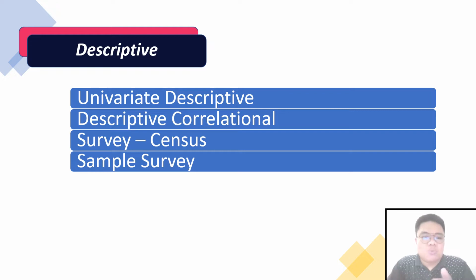But if I would want to know the relationship between the socioeconomic status and the intent to have consultations among the residents in a certain barangay in Iloilo, that would be descriptive correlational because I am looking at their socioeconomic status. That's one variable. And then the second variable is their intent to have their consultation. So that's descriptive correlational.